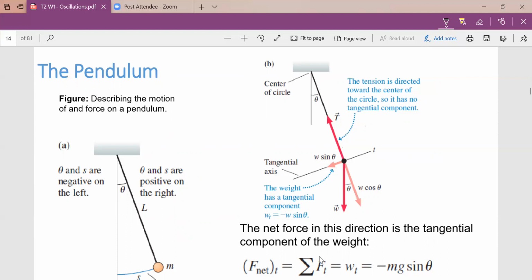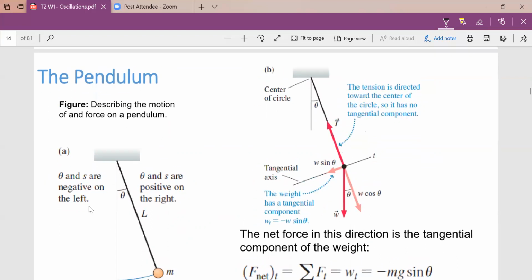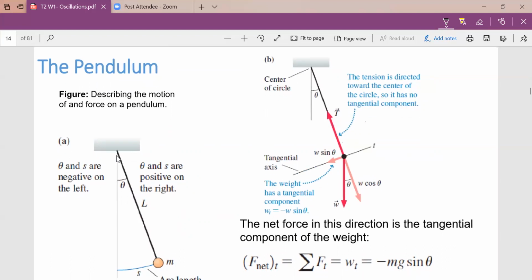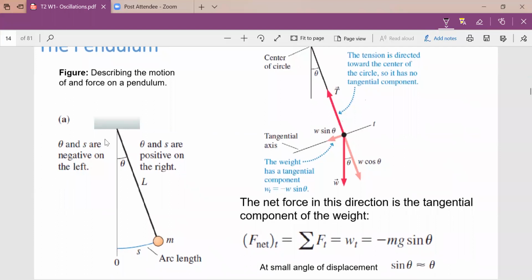So we'll see figures A and B here describing the motion of force on a pendulum with the bulb and mass. Okay, so the same way we'll be describing oscillation, we'll definitely have a point where we'll say it is the rest point, which is the equilibrium position point.